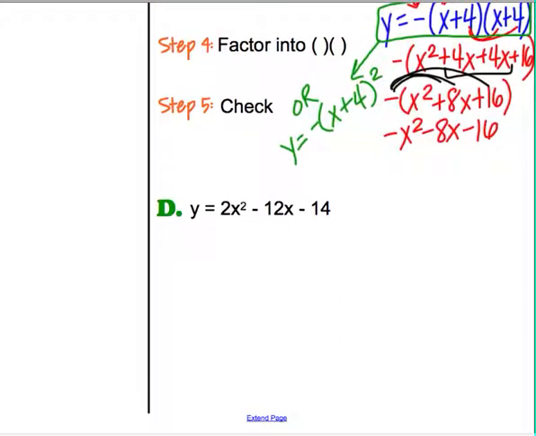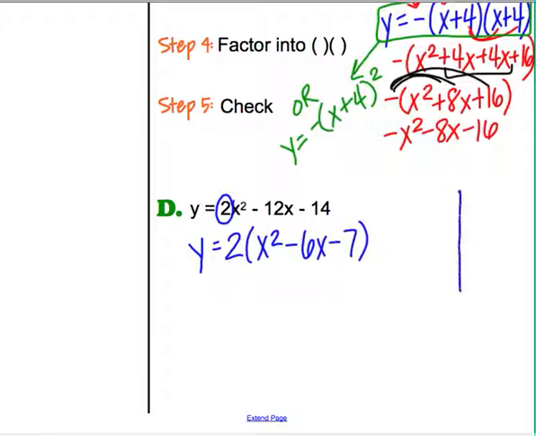Moving on to another example. We have here, I see a 2 out front, so I'm going to divide that 2 out. Y is equal to 2 times the quantity x squared. Negative 12x divided by 2 is negative 6x. Negative 14 divided by 2 is negative 7. Then I can go ahead and make my t-chart. I need to multiply to negative 7, and I need to add to negative 6.